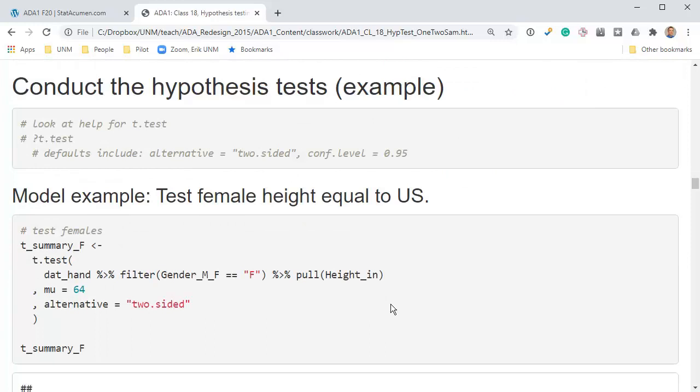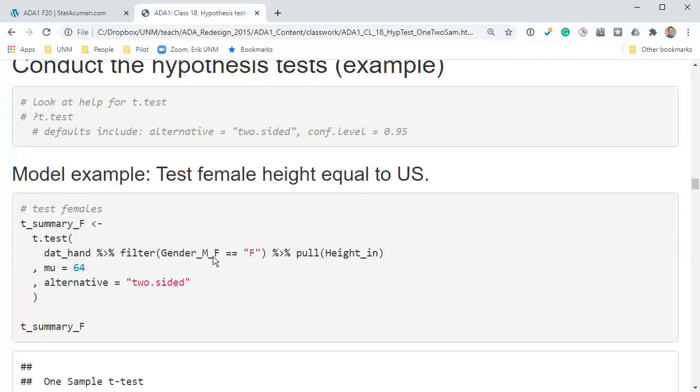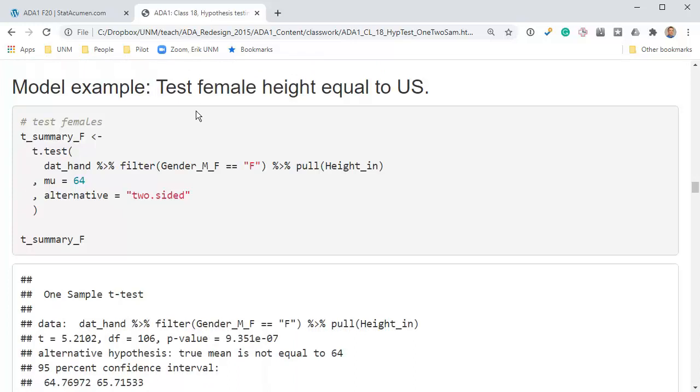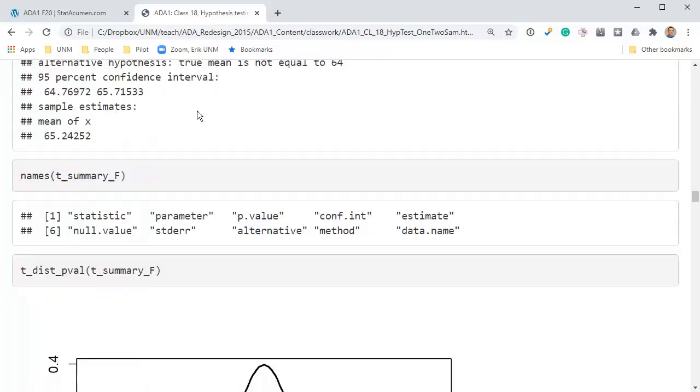So let's conduct the hypothesis test. So model example, that means I'm going to model this example. If you want help on the t-test function, you can do ?t.test and learn more about that function. Okay, so we are ready to get started.